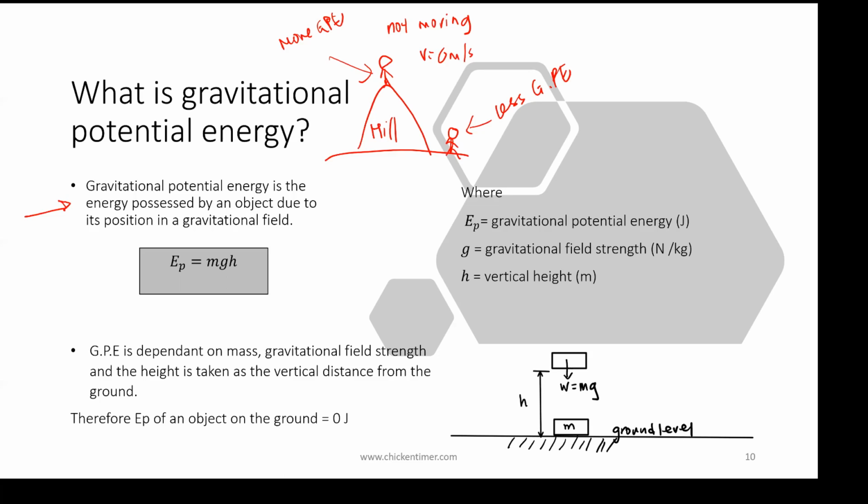Then again, we have a formula for gravitational potential energy, which is over here, and you need to know it. It's mass times gravitational field strength times height. Some books or some teachers use g as acceleration due to gravity.